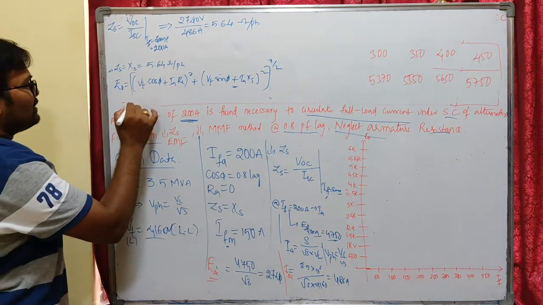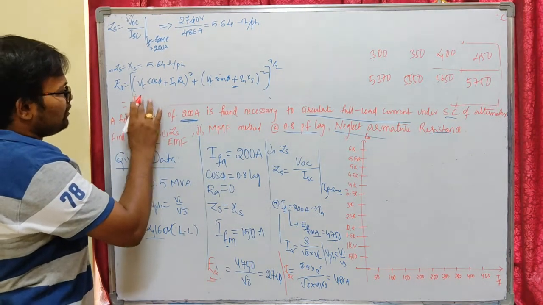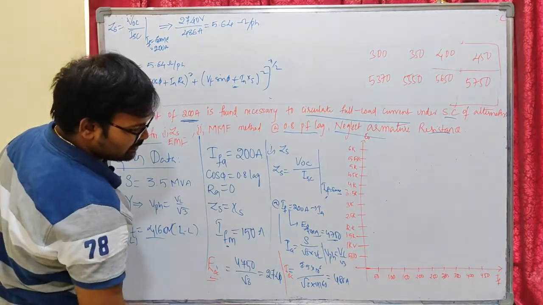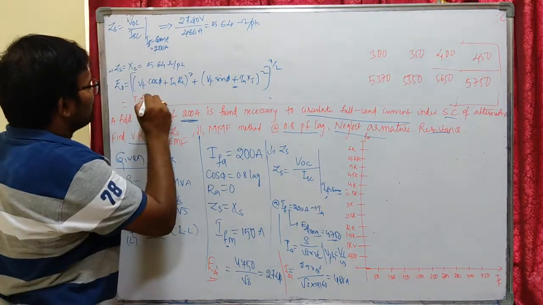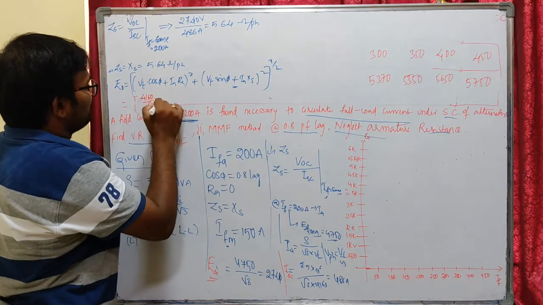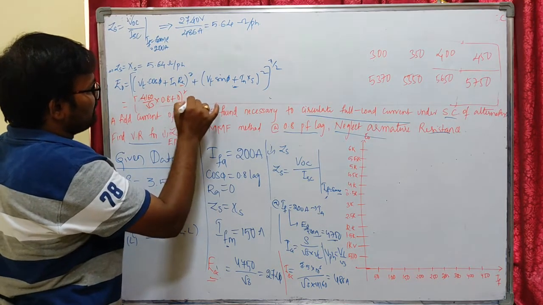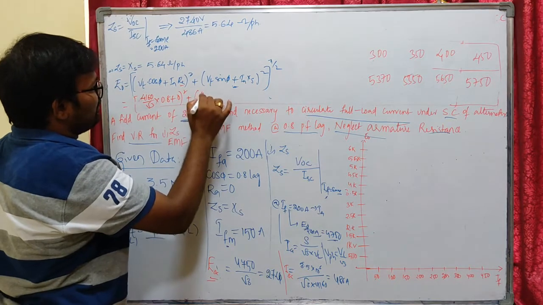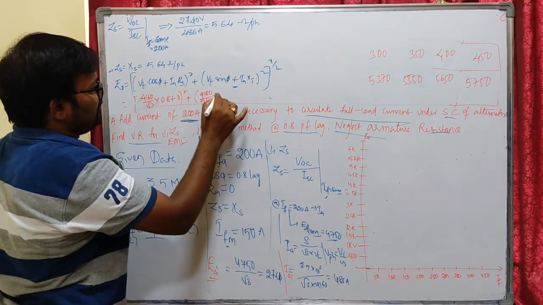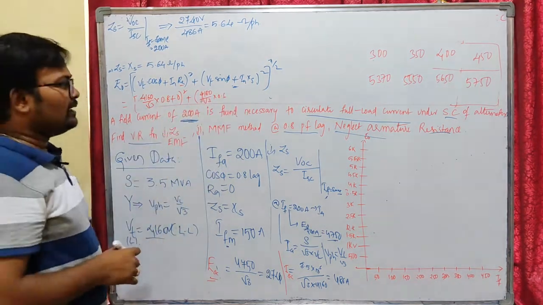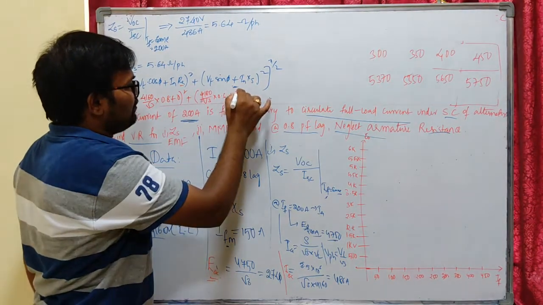VT is the terminal voltage, so the phase voltage is 4160 by root 3, into cos phi, which is 0.8, plus IA RA, where RA is 0, so that will be 0, plus VT, which is 4160 by root 3, into sin phi, which will be 0.6 for cos phi 0.8, plus IA, which is 486.